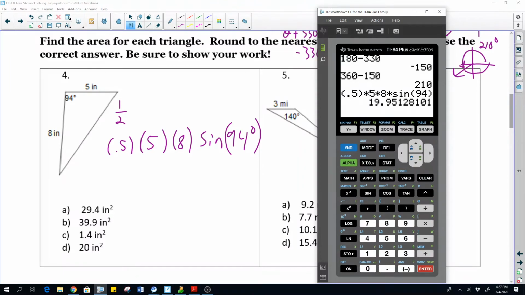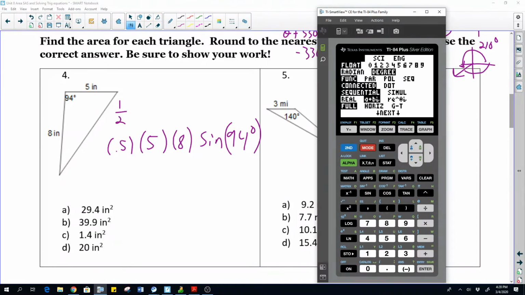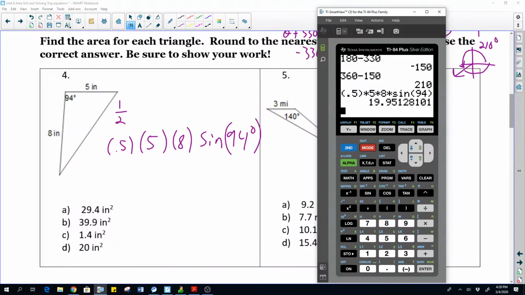It's supposed to be 19.9. So I'll double check there for our multiple choice answers with our other teachers. Sorry about that. Maybe the next one will work. But that looks right to me. 1/2 0.5 times side times the other side times sine of the angle between the sides. Our mode is still in degrees, so don't know what's going on there. So 19.95 is our right answer.